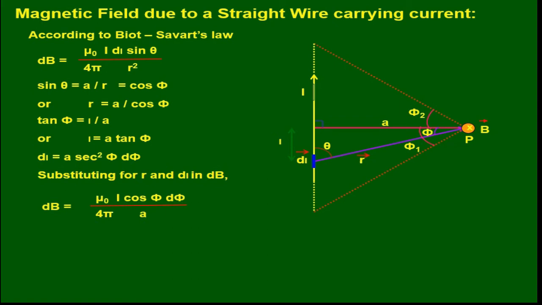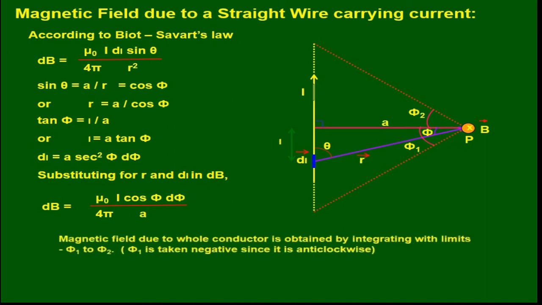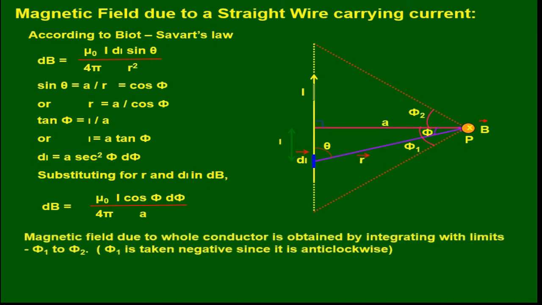Substituting r and dl in dB, you'll get dB is equal to mu naught by 4 pi, I cos phi d phi by a. Magnetic field due to the whole conductor is obtained by integrating with limits minus phi 1 to plus phi 2.